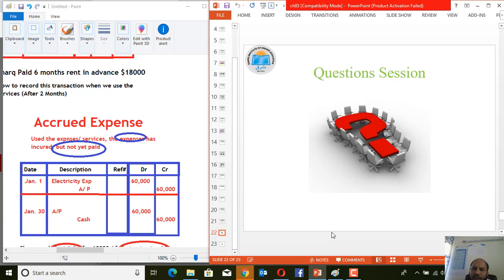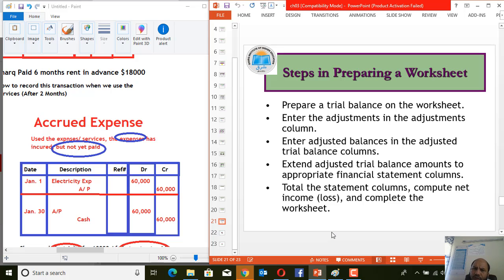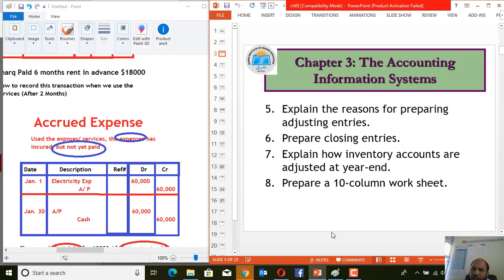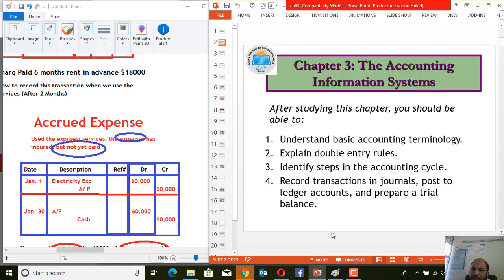So dear students, I hope that you have understood all of this chapter. In this chapter we have discussed the basic accounting terminology and the double entry system. We have learned about the accounting cycle. We have learned about recording transactions in the journal, preparing ledgers and also the trial balance.